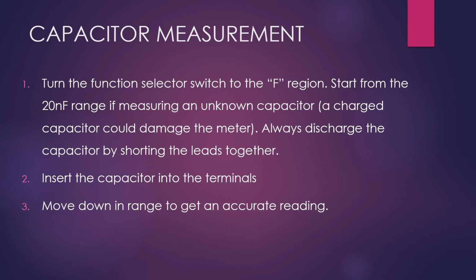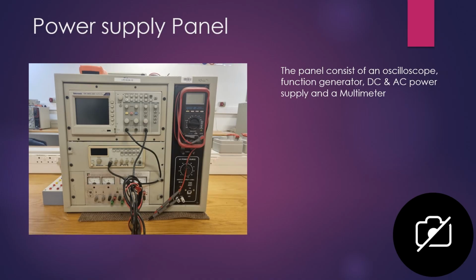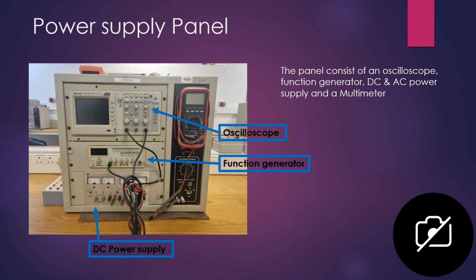Thank you. So up next we have a power supply panel, which consists of a DC power supply just at the bottom there, an oscilloscope, the one with the bigger screen, a function generator, the one with the smaller screen underneath the oscilloscope, and an AC power supply.